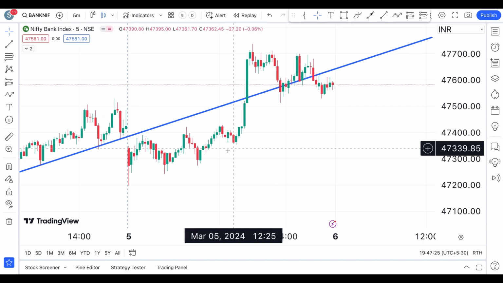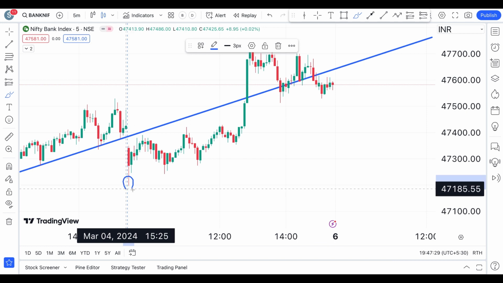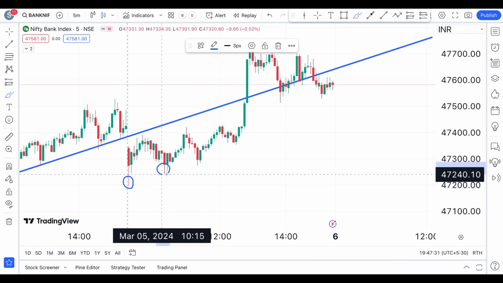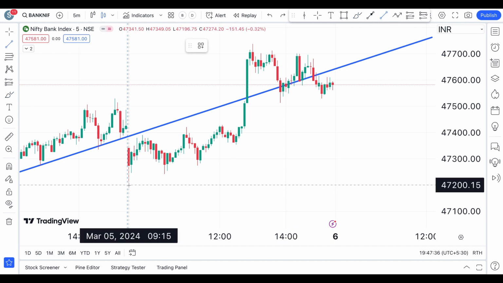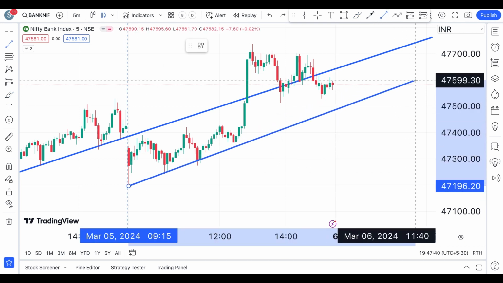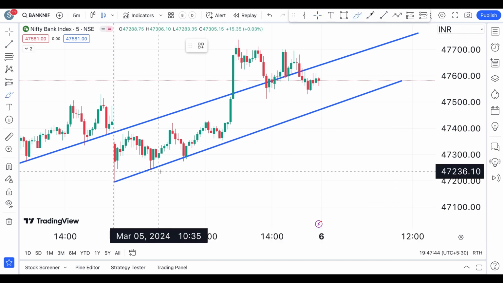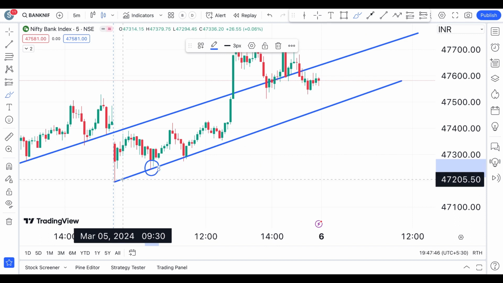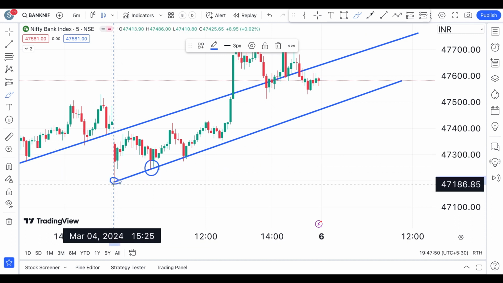But here today, once you have noticed this reaction and this reaction, what you could have done is draw a simple trend line touching these two reactions, from the first candle of Bank Nifty today.